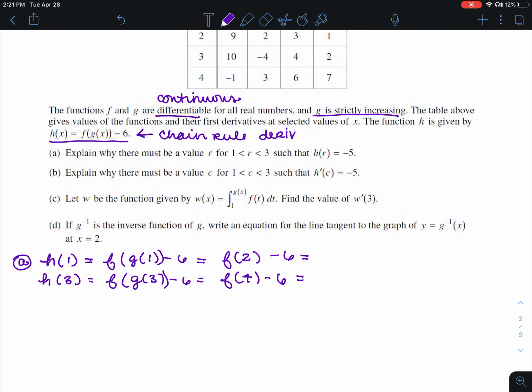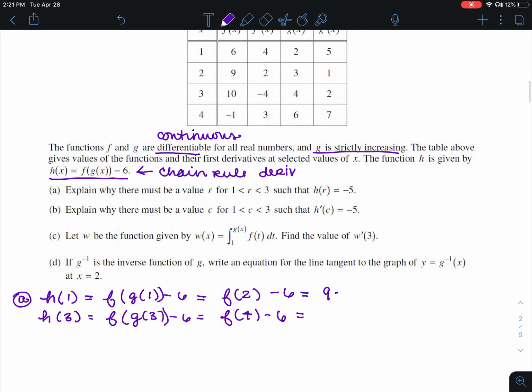Let's do these together. f of 2 is 9 from the chart above, so 9 minus 6 equals 3. h of 1 equals 3. f of 4 from above is -1, so -1 minus 6 equals -7.